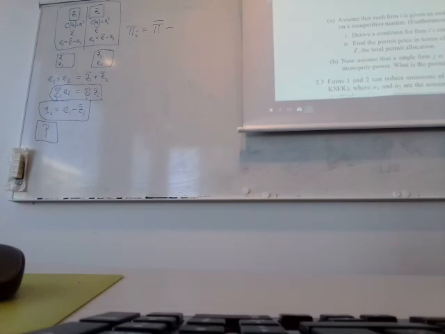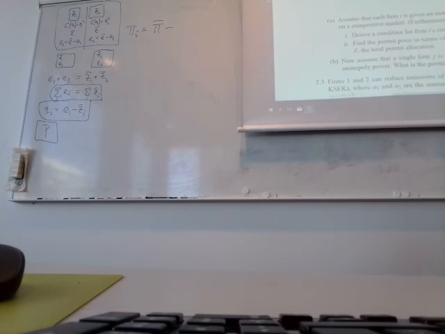Yeah, so we got pi bar, and then we got minus abatement costs. So that's A squared.